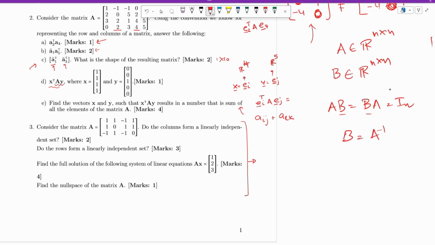Sure. So correct, that's the way to do that. In this particular case, do you have to do that? Do you have to find all the alphas and see if all of them are equal to 0? Do you have to do that for the columns is my question.